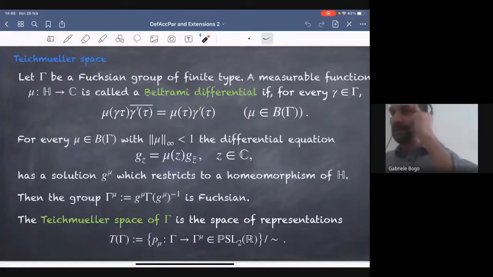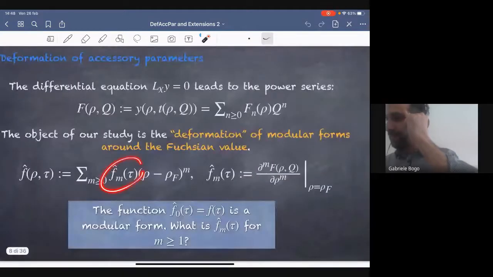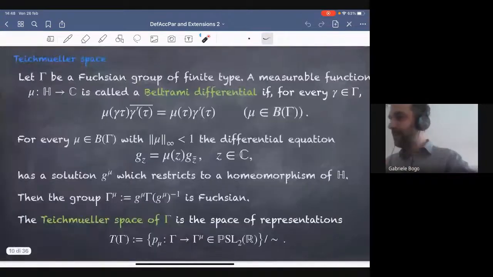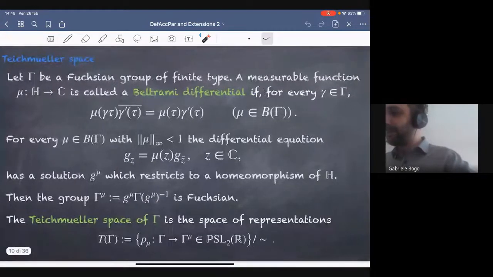So I will make this digression for 5 minutes and then come back to the original problem. But I want to show that deforming the differential equation and taking these derivatives is precisely to deform the surface, as is done in Teichmüller theory. So, just a reminder of what happens in Teichmüller theory.